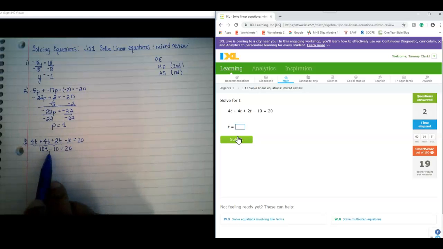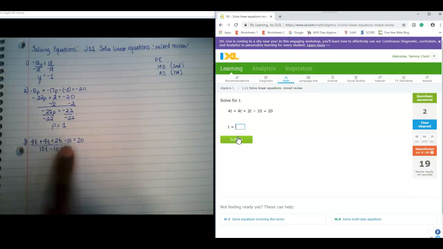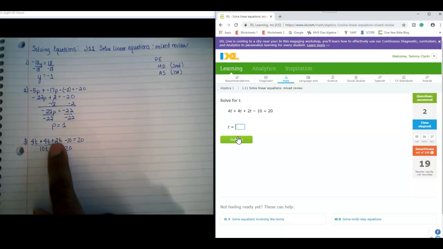Now, by inspection, I know that if I cover this up, I'd be like, okay, well, what do I need to subtract 10 from to get to 20? Well, I need 30. So that means that I need this 10 times t to equal 30. So that must mean that t is going to be 3.